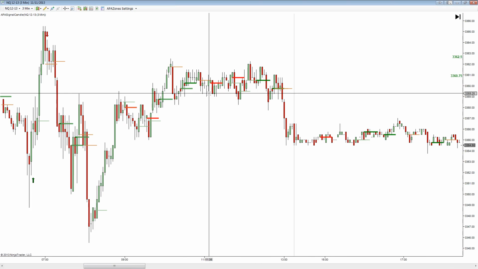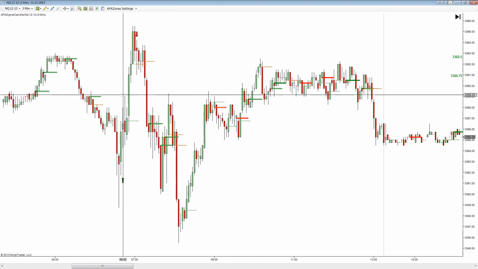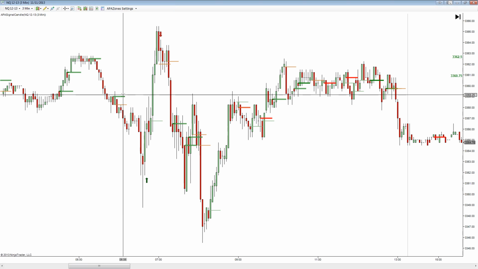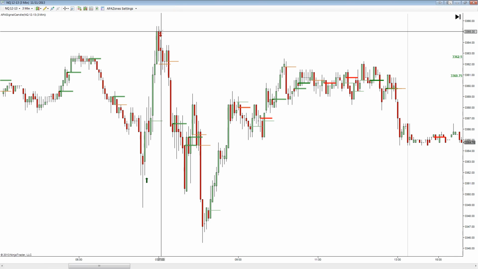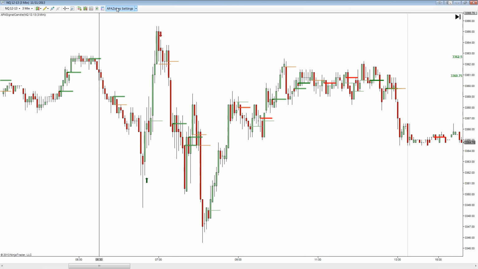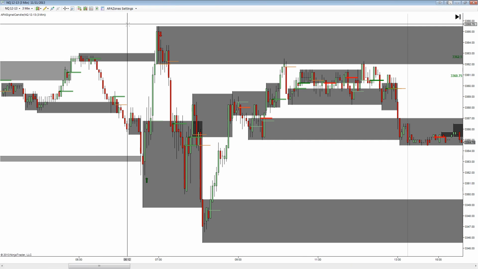If we can identify the pullbacks really well, and if we can identify the zones really well in context of where high is and where low is, then we can take an arrow like this, and I have no idea if this is a high or not.